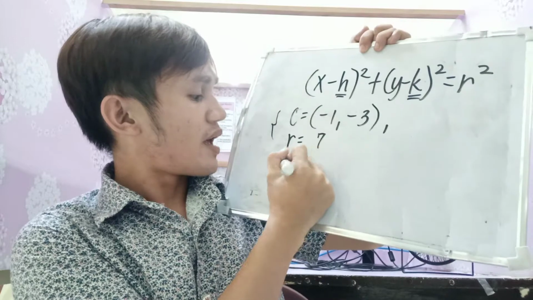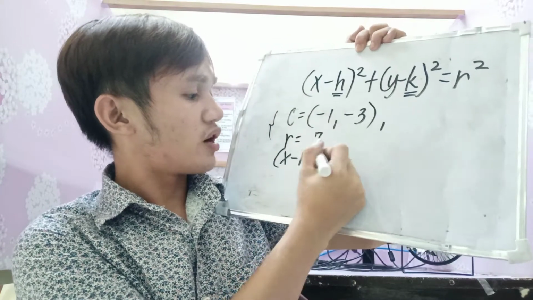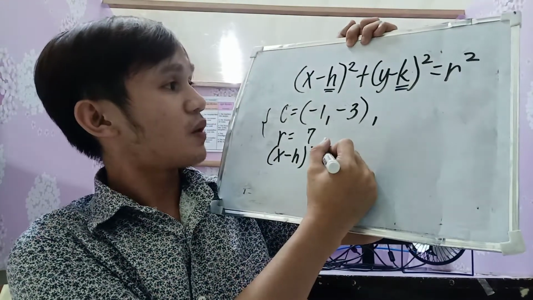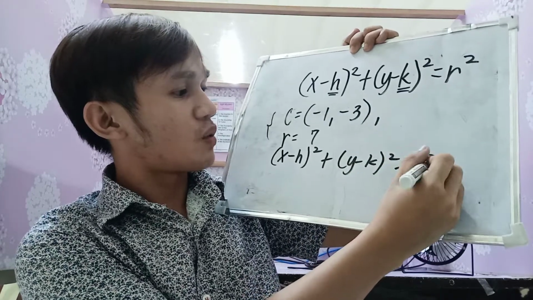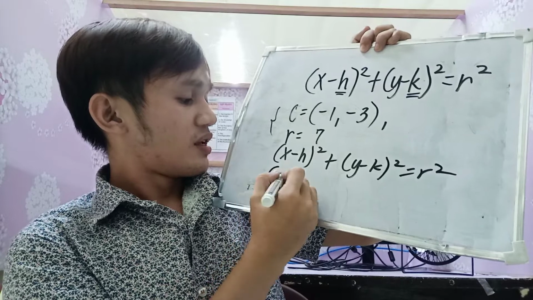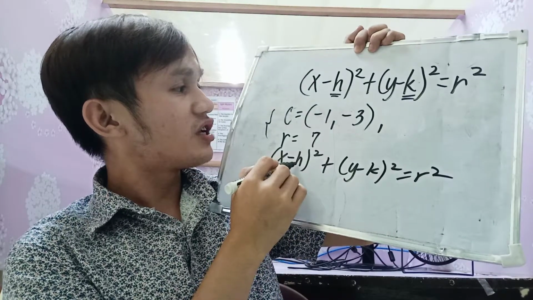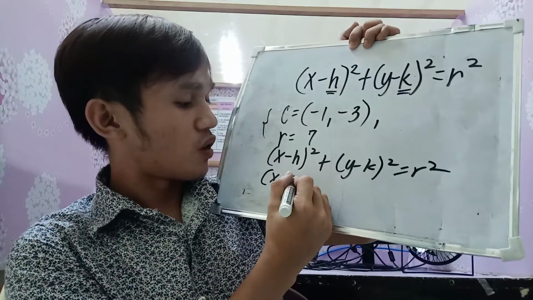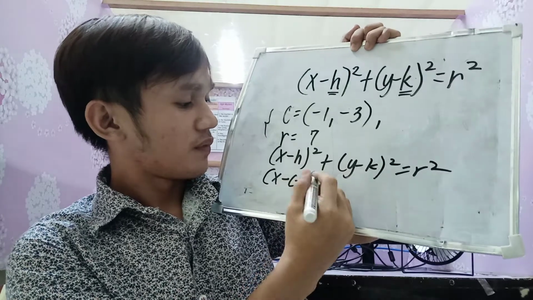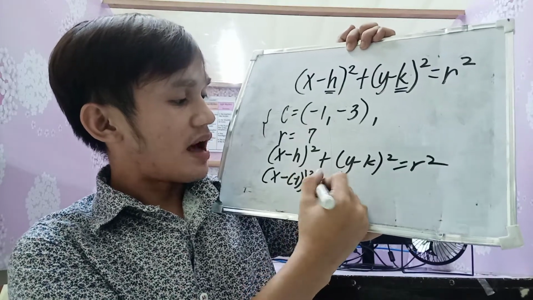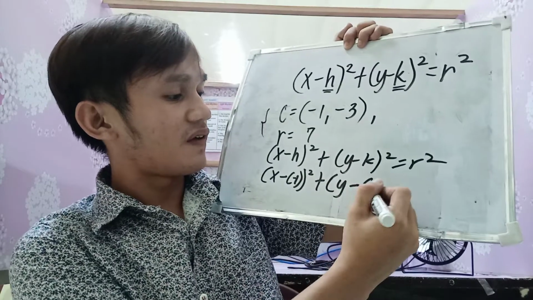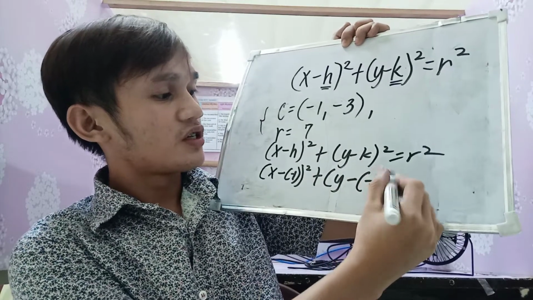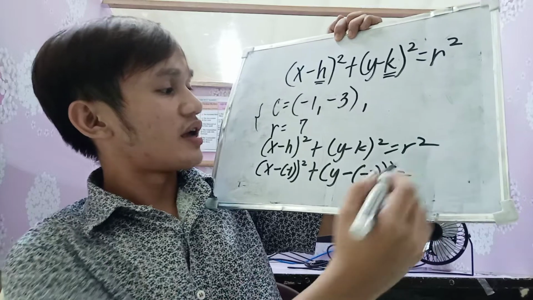So this will be the quantity of (x − h)² plus the quantity of (y − k)² is equal to r². So x minus your h, which is −1, so you have (x − (−1))² plus (y − (−3))², where your k is −3, and your r is 7.